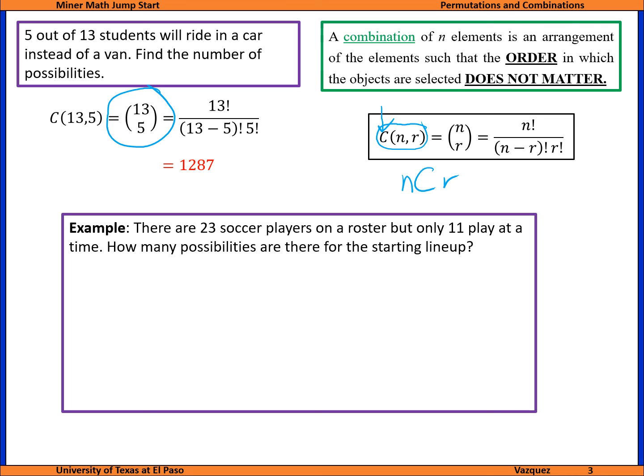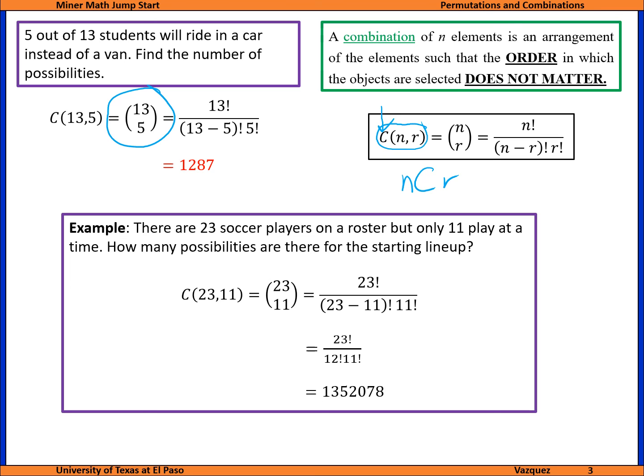So that's how we know it's a combination and not a permutation, so we know what formula to use. And 23 choose 11, that's going to give us a pretty big number. That'll give us that there are a total of, whoa, 1,352,078 possible combinations for a starting lineup.